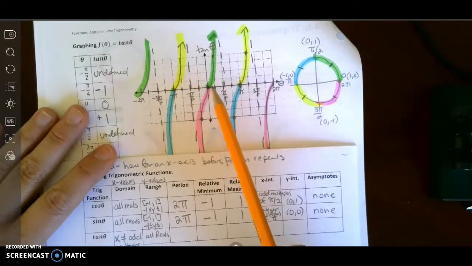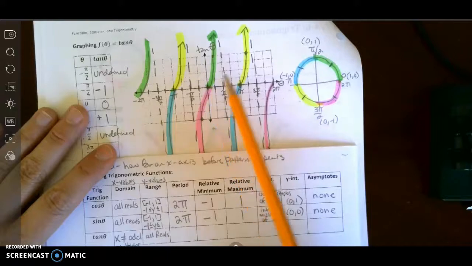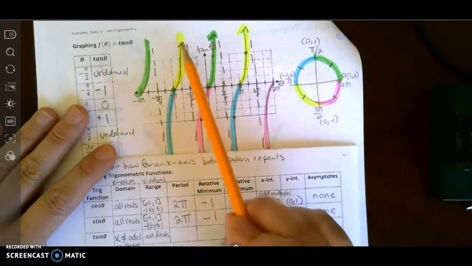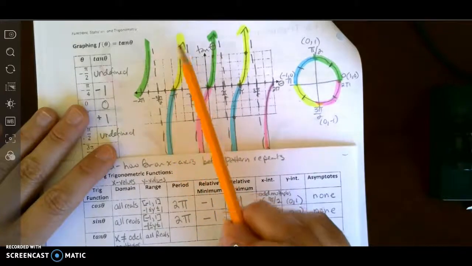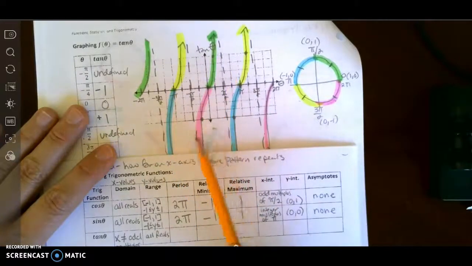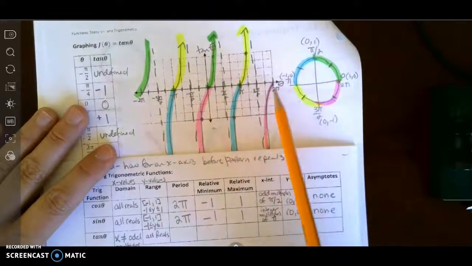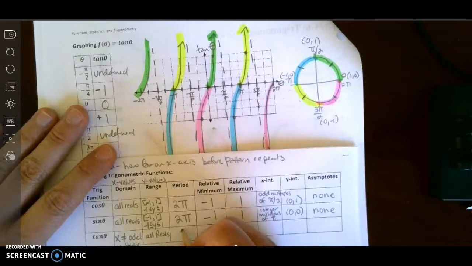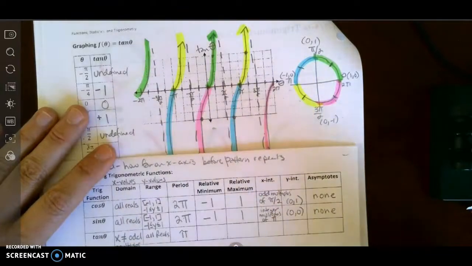So everything repeats every pi. And you can see, here it goes through -pi, here it goes through 0, here it goes through 1 pi, then it goes through 2 pi. It repeats every pi. So the period for tangent is simply pi.